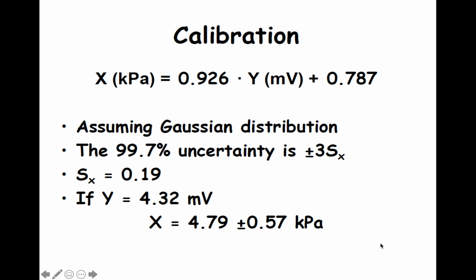Given the sensor reading Y equals 4.32 millivolts, we can calculate X to be equal to 4.79. And we calculate the uncertainty at 99.7% as 3 times Sx, which gives us 0.57 kPa. Therefore, we get X equals 4.79 plus minus 0.57 kPa.